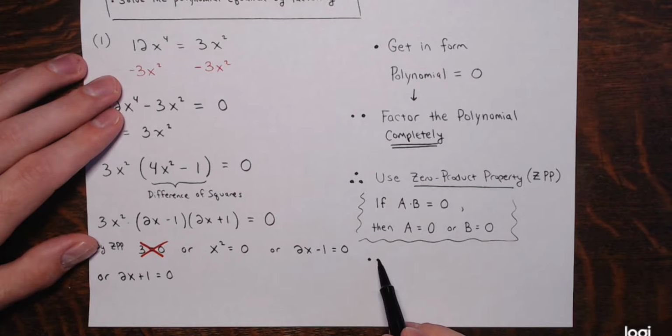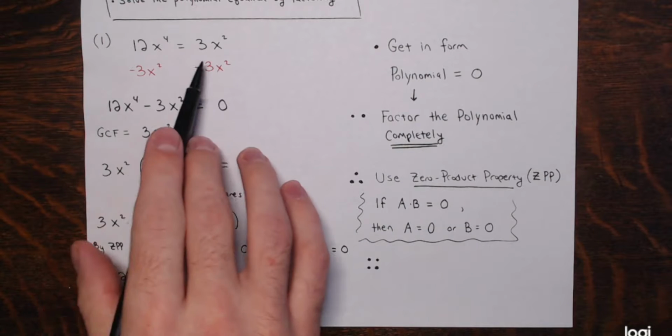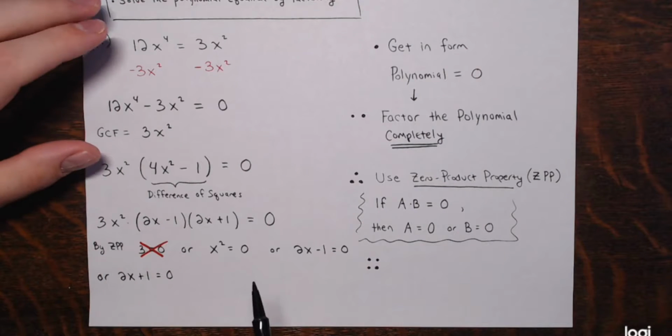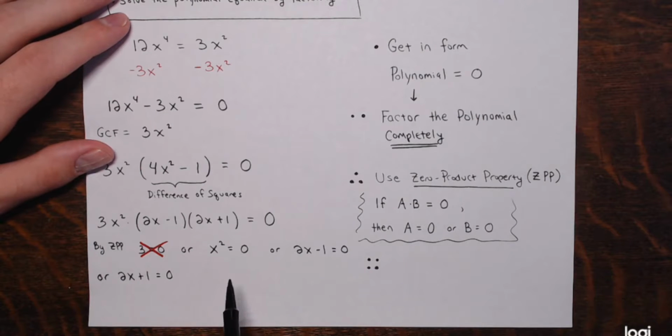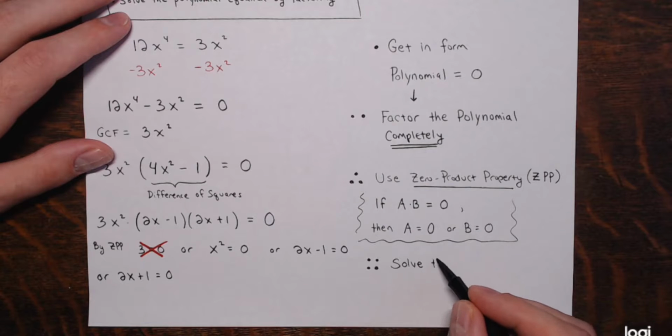Okay, so now I've applied the zero product property, and that gave me a few equations to solve. I started with this one polynomial equation, a degree 4 quartic polynomial equation, and after factoring and applying the zero product property, I've transformed it in a way into 3 lower degree polynomial equations. So step 4 is solve the resulting equations.